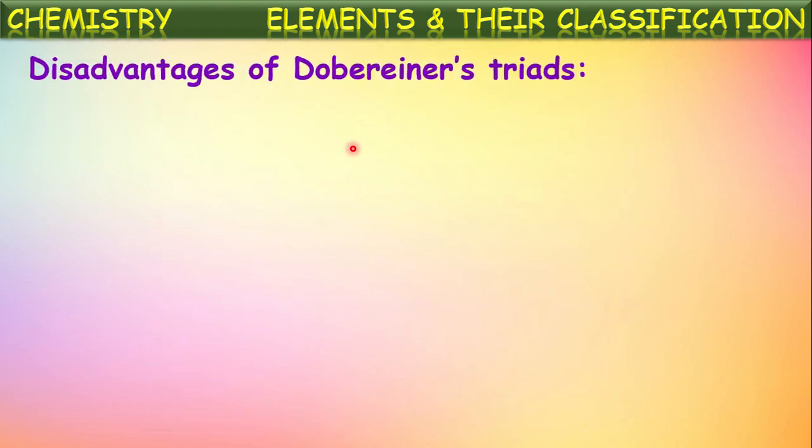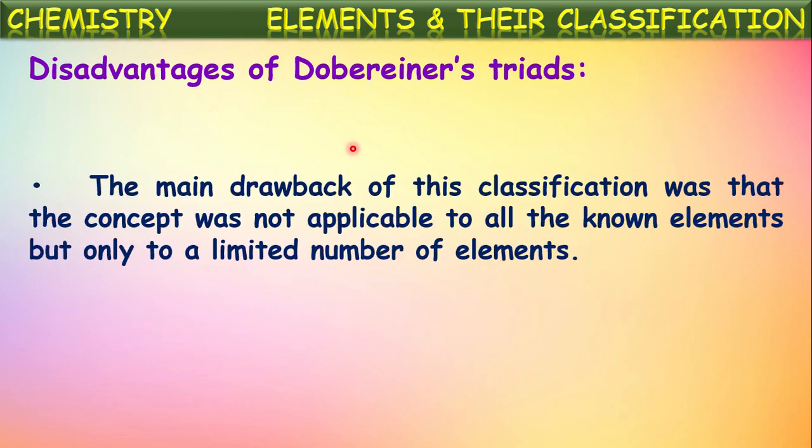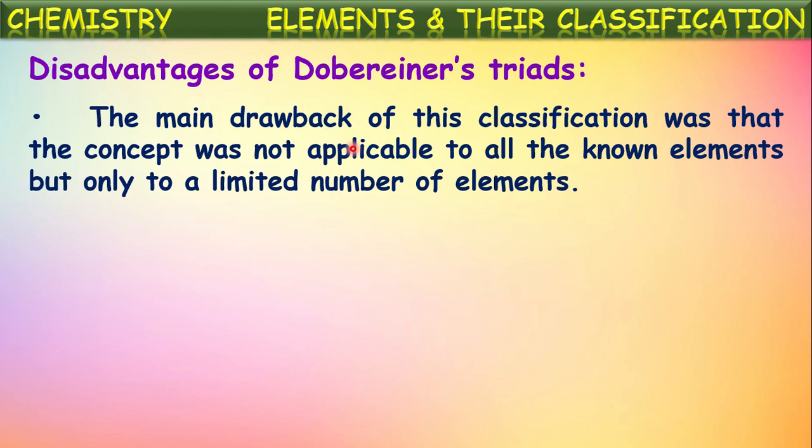Even though it is a classification, there are certain disadvantages or drawbacks in it. Let us see what those disadvantages are in Daubernier's triads. The main drawback of this classification was that the concept was not applicable to all the known elements at the time, but only to a limited number of elements.